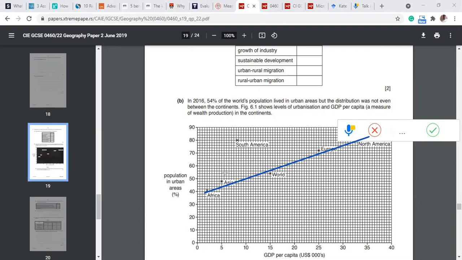You can see that they have a population in urban areas of 80 percent and less than 10,000 GDP per capita. While for most other countries, the higher the population in the urban center, the higher the GDP. But they have a very high urban population with a low GDP. So that's why they are an exception. I hope you understand. Yes, you understand. So let me move on.